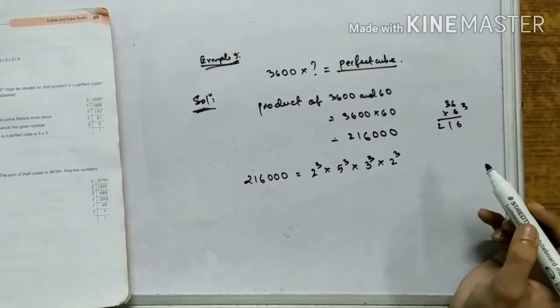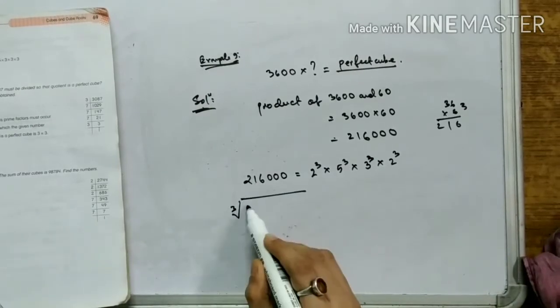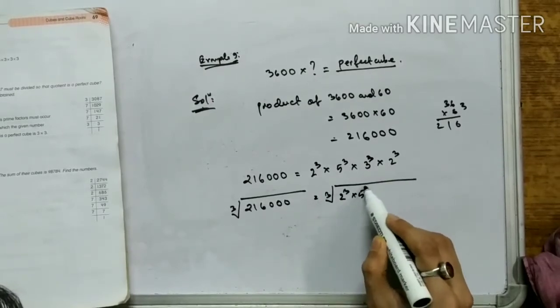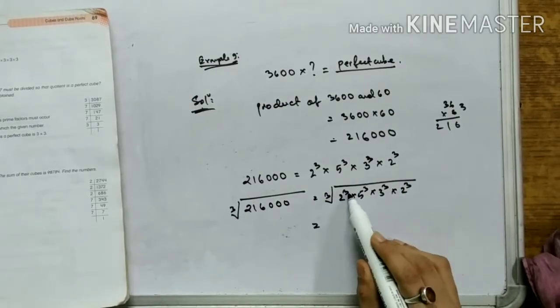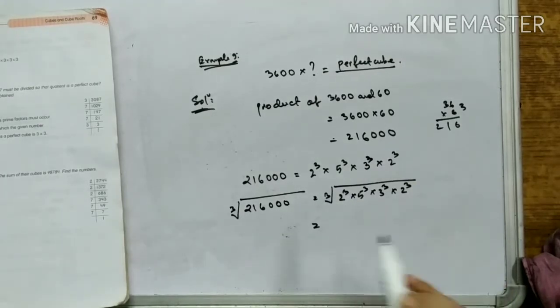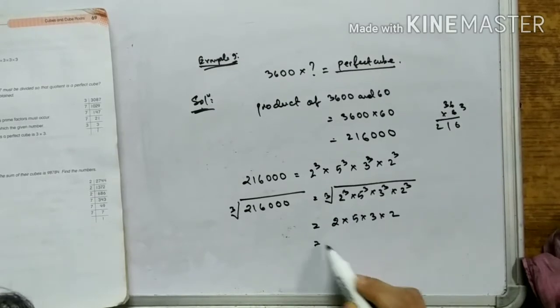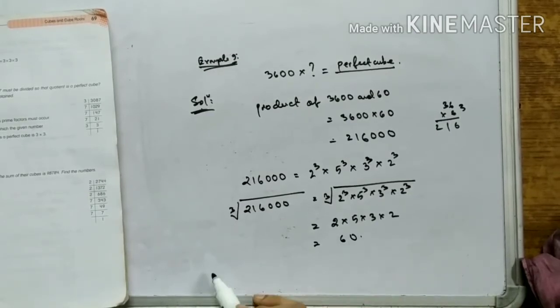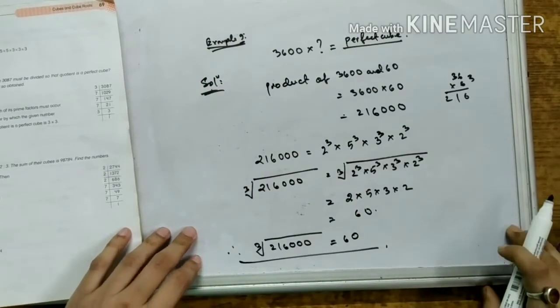So therefore the cube root of 216000 is the cube root of 2 cube into 5 cube into 3 cube into 2 cube. So cube and cube root will cancel out. So it will give me 2 into 5 into 3 into 2, which ultimately gives me 5 2s are 10, 10 3s are 30, 30 into 2, 60. So therefore cube root of 216000 equals how much? It equals 60. This is our answer.